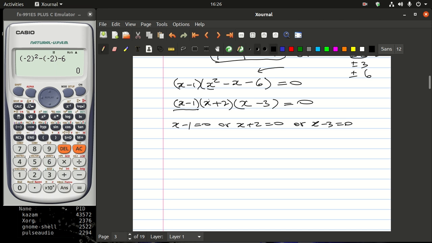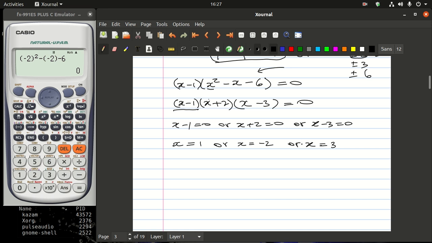So if either this or that or all of them happens at once, then you will get a 0, which means that the values of x that actually give us a 0 are x equal to 1, or x equal to minus 2, or x equal to a positive 3.